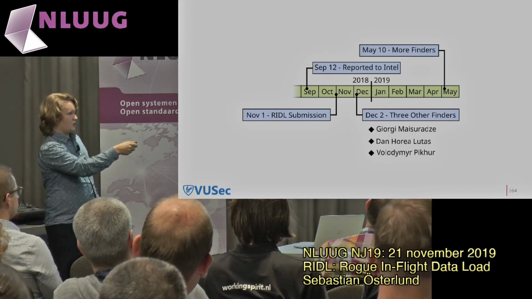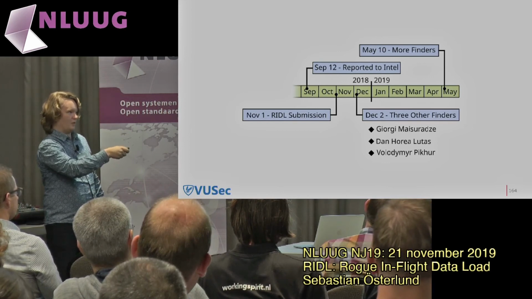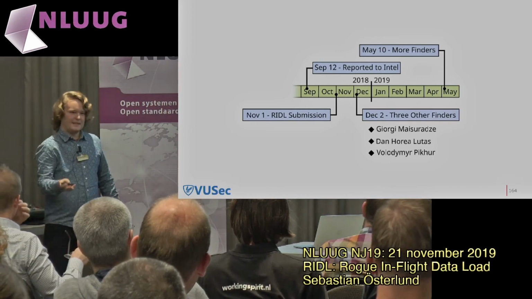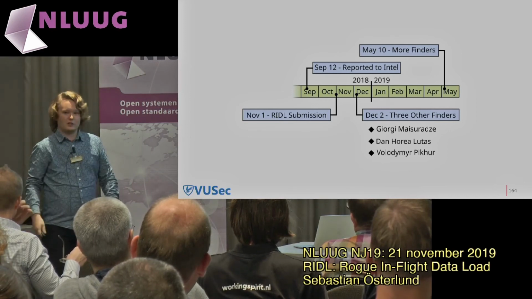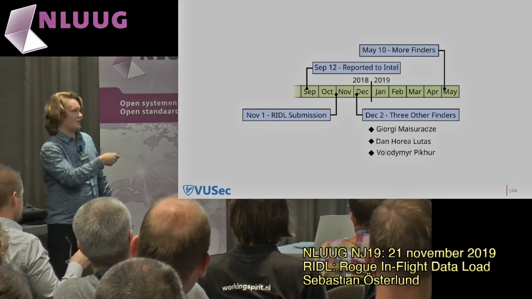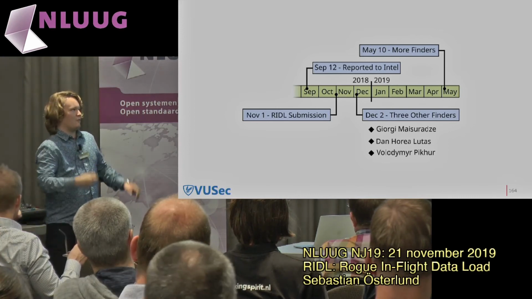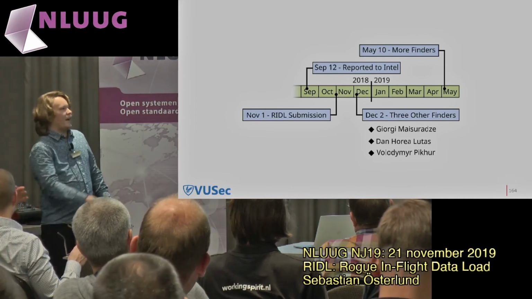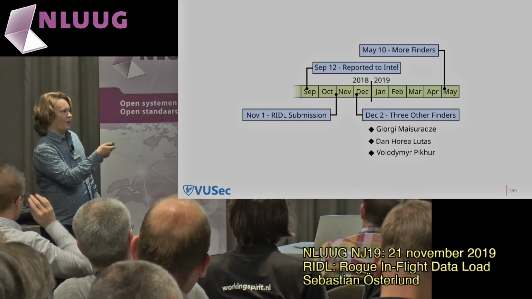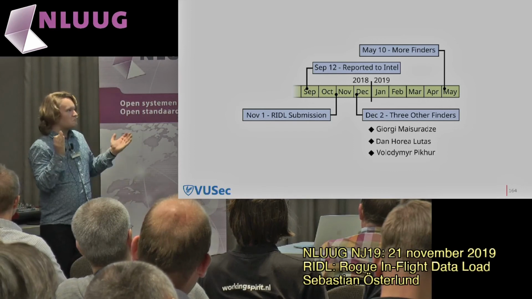Then there was some talk with Intel, but mostly silence. And then all of a sudden, a few days before going public, Intel comes with, oh, there are also more finders that found similar issues, and could you also embargo these things because we haven't fixed them yet. Later we found out that Intel simply lost the POCs that we sent them.